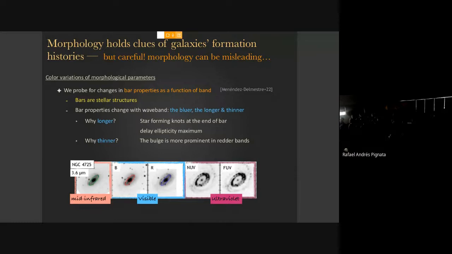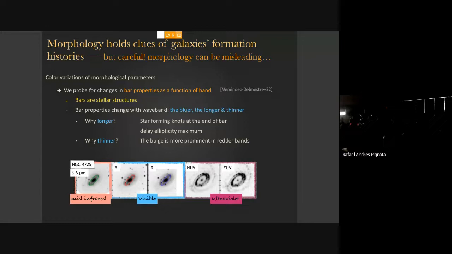Well, why we see them longer: perhaps it's not as evident from that distance, but it's very common to find at the edges of bars regions of active star formation. And these are brighter in the optical or UV light.